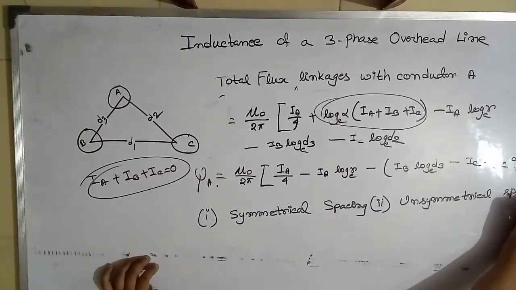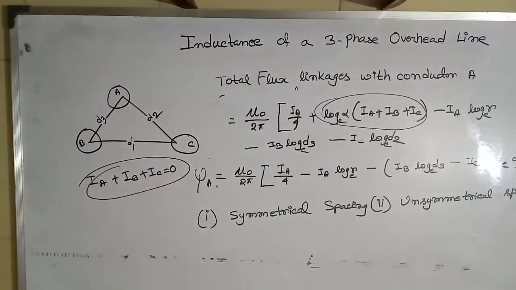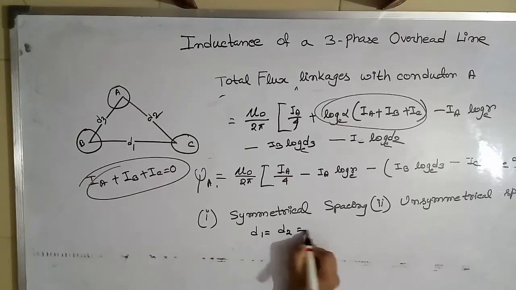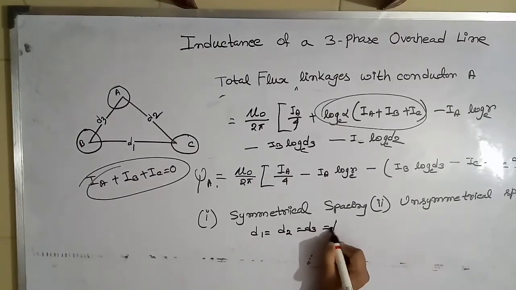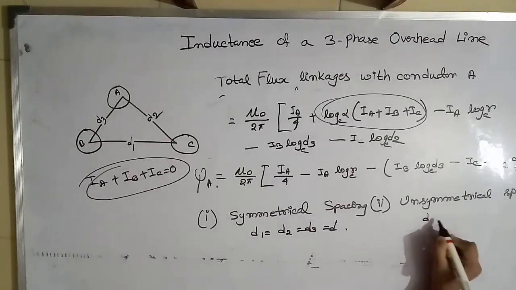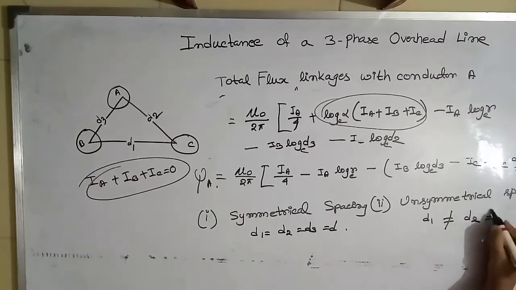In symmetrical spacing, the distances between conductors are the same, so D1 equals D2 equals D3 equals D. And for unsymmetrical spacing, the spacings between conductors are not the same as each other.